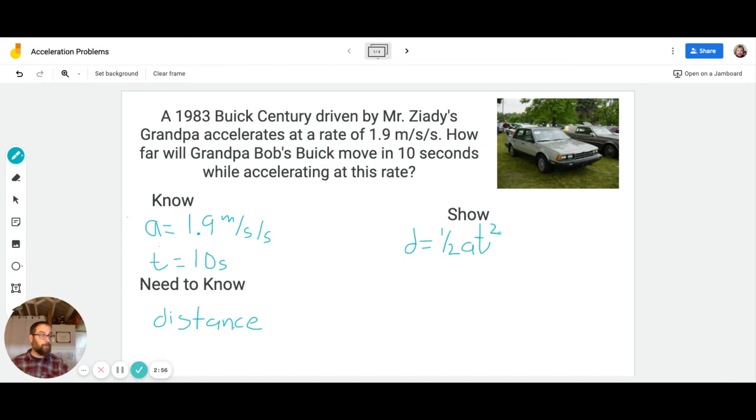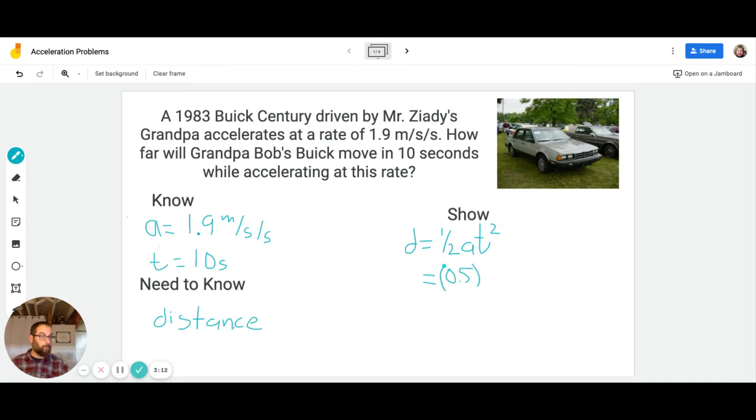And then I'm going to substitute in what I know for the variables in the equation. So the distance is equal to, I'm going to write 1/2 as 0.5, and I'm going to use parentheses to show multiplication here.